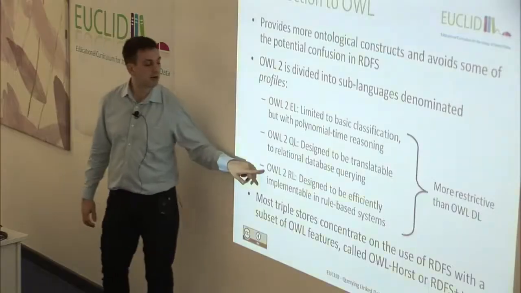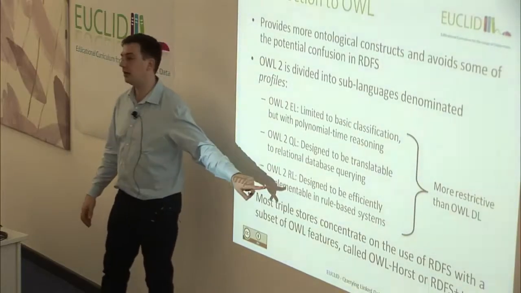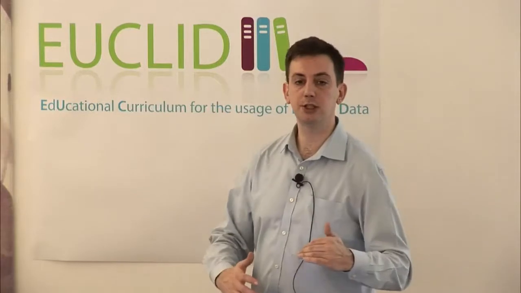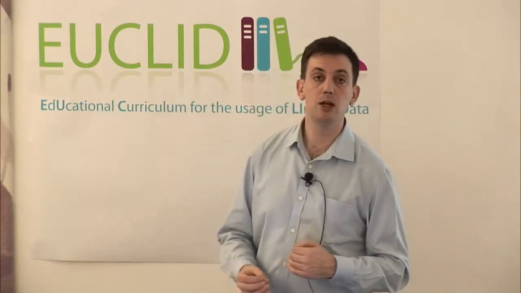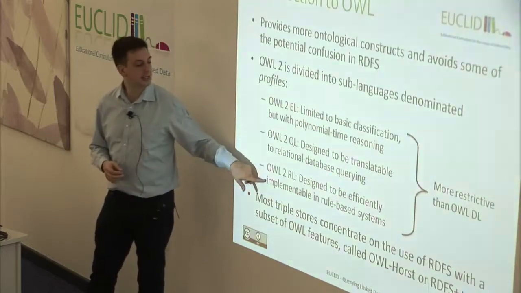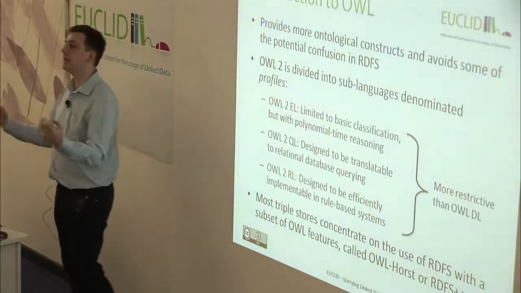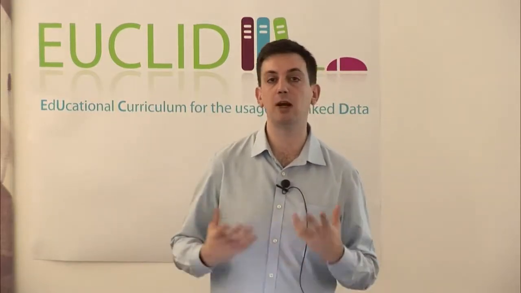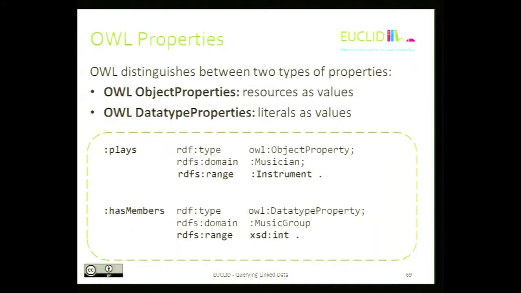So we've got a profile of OWL 2 called OWL 2 RL, which are those features that are the most direct to implement over the top of a rule engine. So very often, if you're dealing with a native RDF database, these are the features that you might want to pick from OWL 2 to give yourself richer inference and the possibility of consistency checking on top of RDFS.